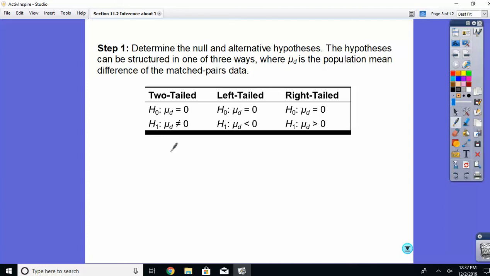You'll see we have a subscript d on all of these. Because we're looking at 2 sets of data, what we're going to do is compare the difference between the 2. So we'll be subtracting the 2 to essentially make a 3rd set, and we'll be analyzing everything from that 3rd set, the difference between the 2.